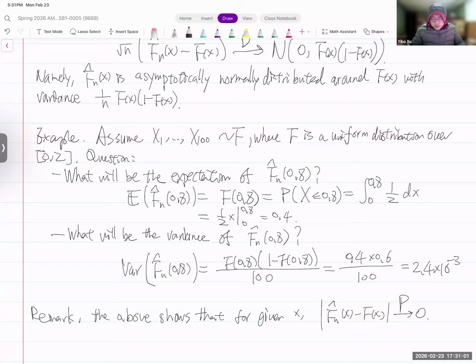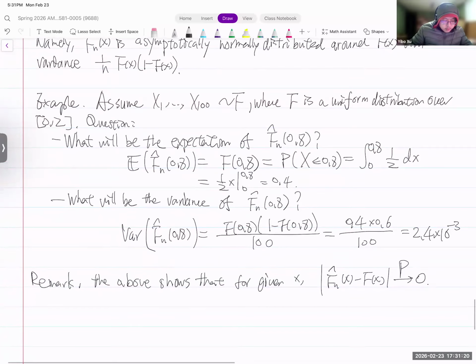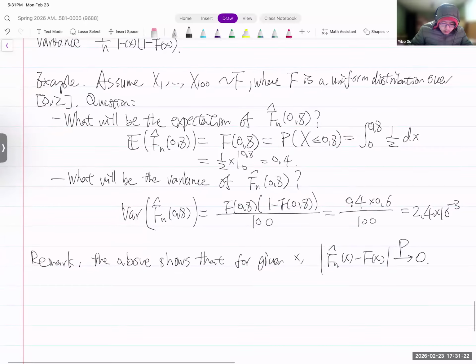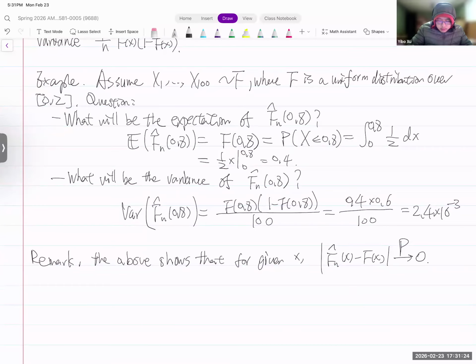Earlier we said the sample average, the EDF, converges to the CDF in probability. And of course, if you slightly modify the statement, the difference converges to 0 in probability. Now, why is it important?